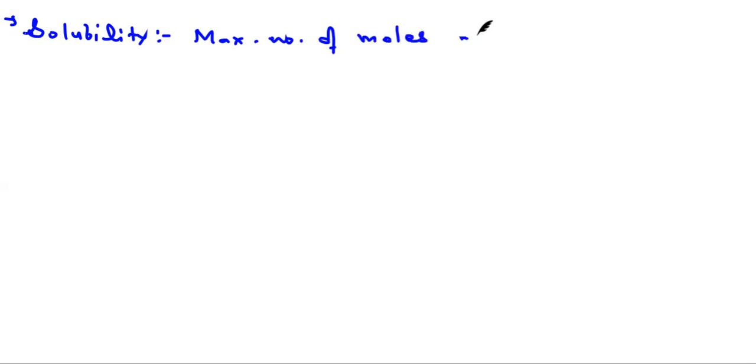So if I talk about solubility here, what is the meaning of solubility? The maximum number of moles of solute, and I guess I told you how to find the moles: given mass divided by molar mass, right?